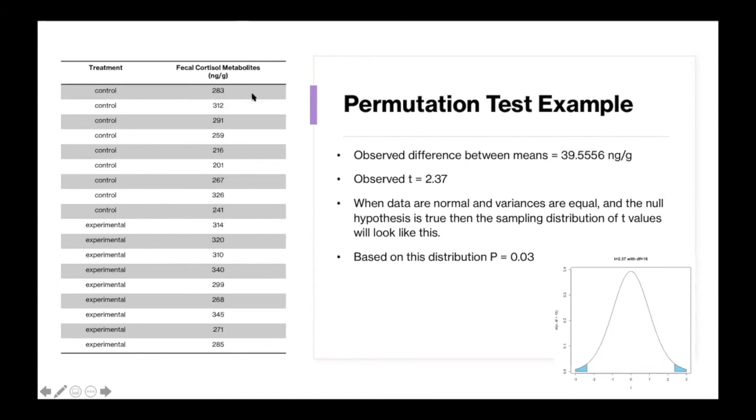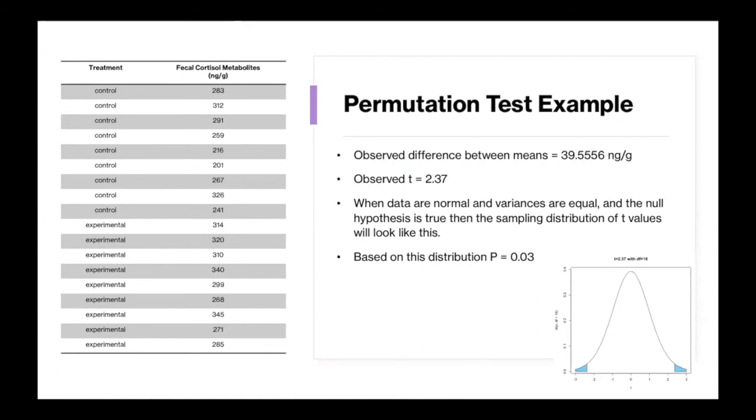Now, if you recall, we analyzed these data as a 2-sample t-test, where we calculated the difference between sample means as 39.6 nanograms per gram, and this resulted in an observed t-test statistic of 2.37.